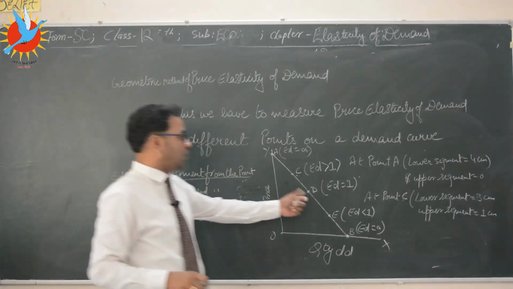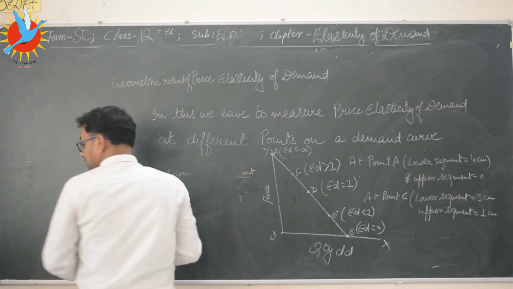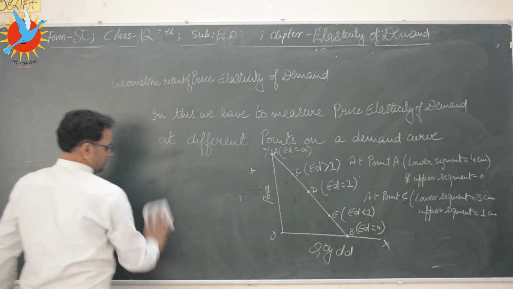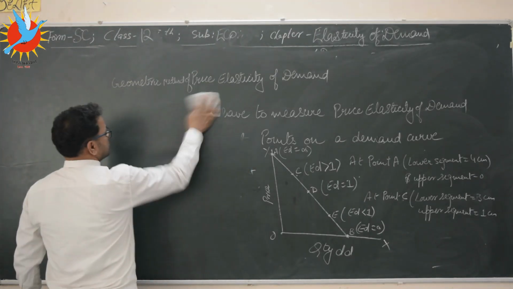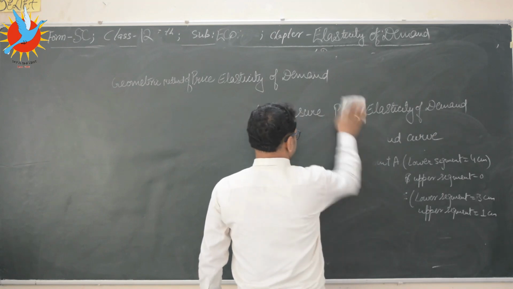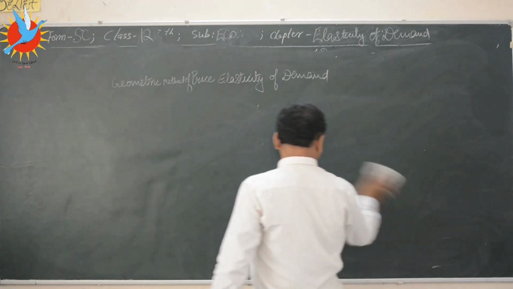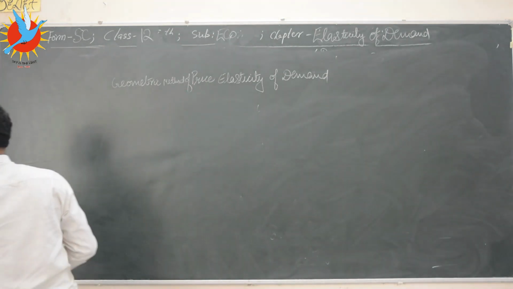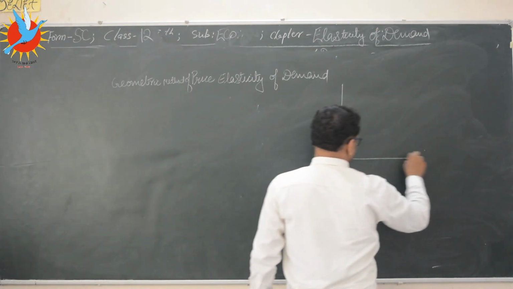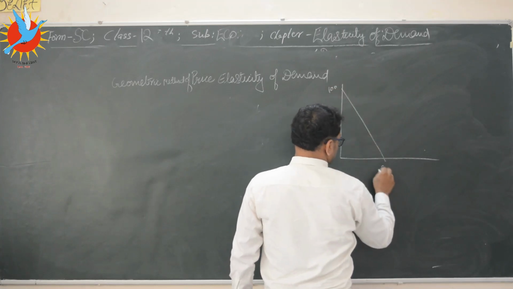Let us derive how this elasticity is measured at different points. Suppose this is your demand curve. This is 100, this is 50.